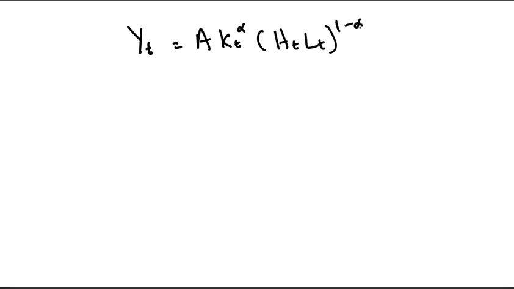I modified the production function a little bit, where we have y_t equals A k_t^alpha, and in brackets h_t L_t to the power 1 minus alpha. Then we assume that technological progress grows at a positive rate g greater than 0 over time.